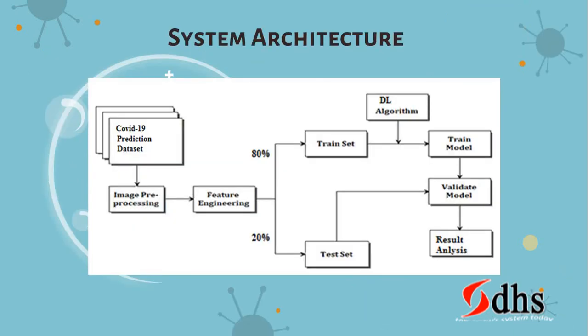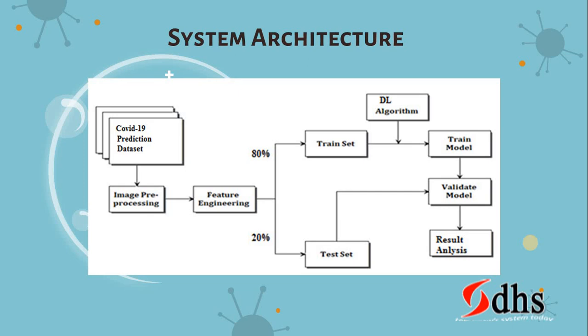And this is the basic system architecture. Usually in data science and machine learning, historical data is very important. So now we have the historical data, and then we can perform the pre-processing, feature engineering, and also the 80-20 data splitting. This is the general system architecture for your understanding.